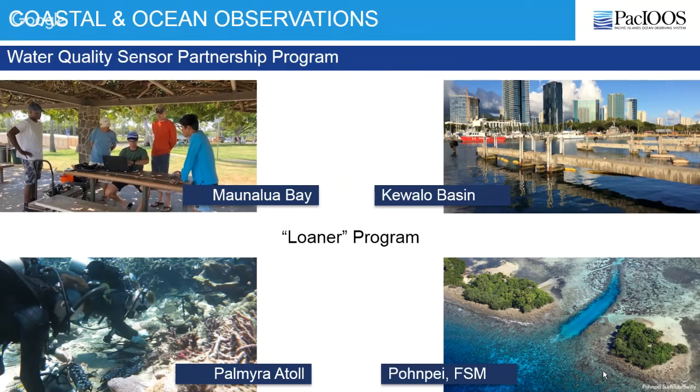So we gave them, on a loaner basis, a nearshore sensor, and we deployed it in Kewalo Basin, and I think it's still in there. It's about a year in, to capture any differences. That way, they can see whether it impacts water quality.